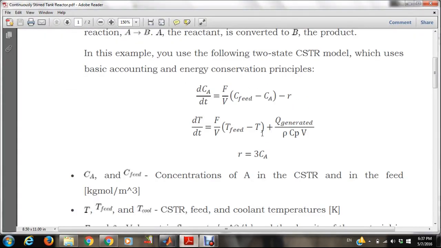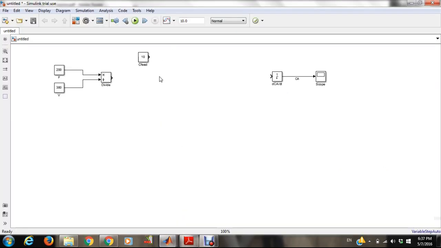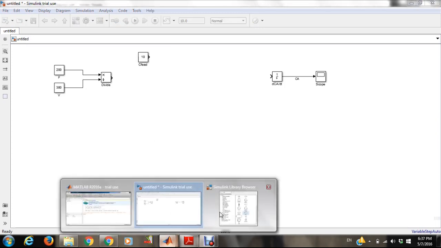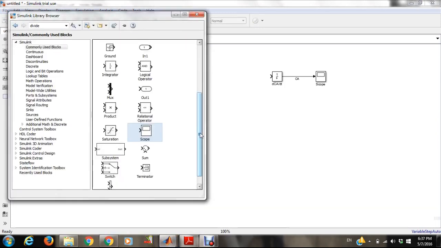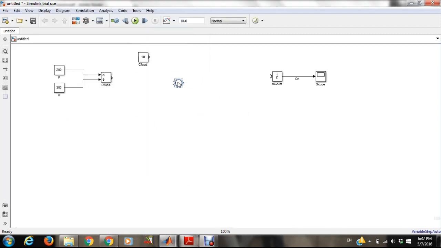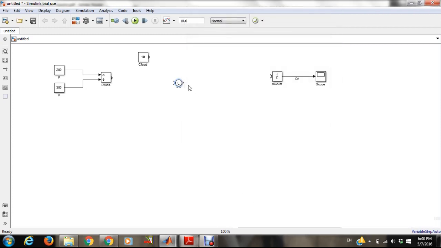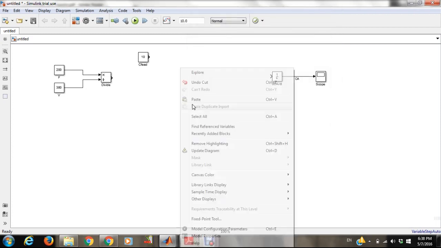I'm going to go back to the equation. This is C feed minus CA. So I'm going to be needing a sum block from here. I'm going to check first the signs. C feed is positive while CA should be negative. I'm going to right click to rotate it.